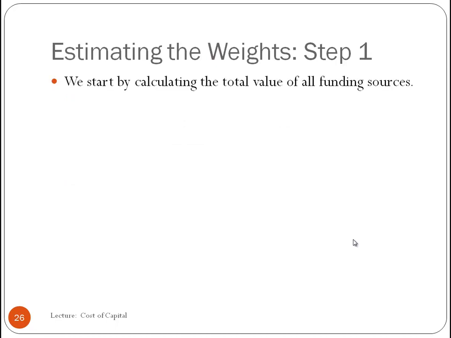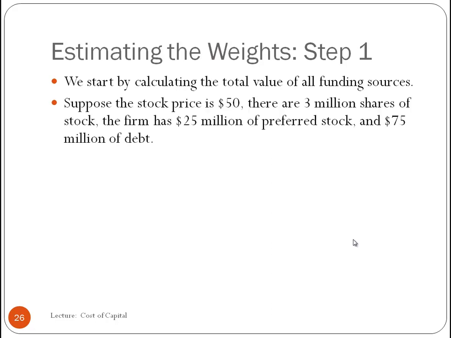So we start by calculating the total value of all funding sources. So suppose, as funding sources from our investors, suppose the stock price is $50 and there are 3 million shares of stock. The firm has in addition $25 million of preferred stock and it has $75 million of debt.